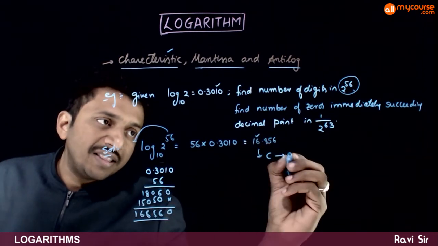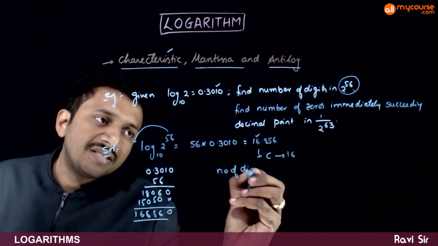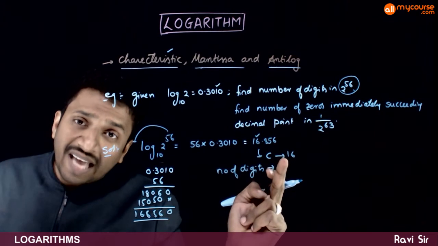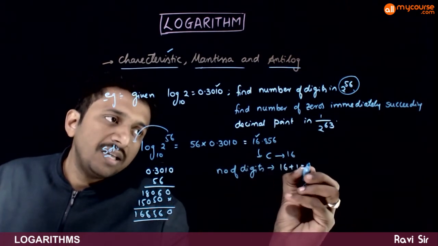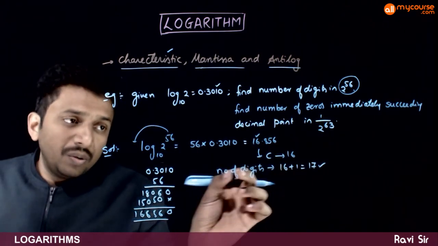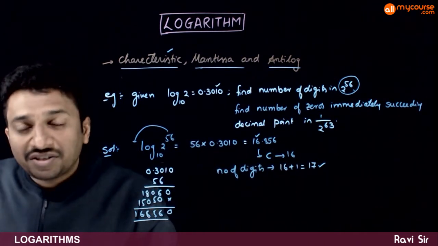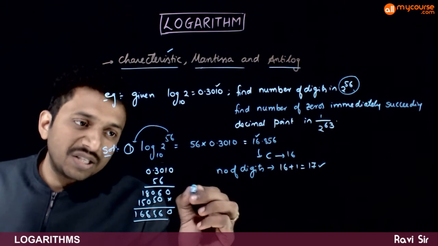The characteristic is nothing but 16. So the number of digits is, by the formula, the characteristic plus 1. That is 16 plus 1, which is 17. So the number of digits in 2 power 56 will be 17 digits. Looks simple, right? Now let's go to the next question.